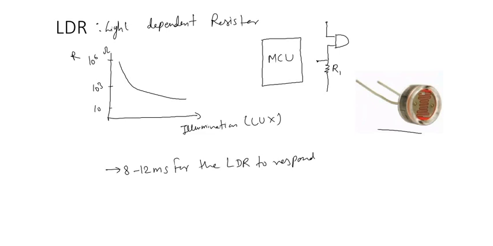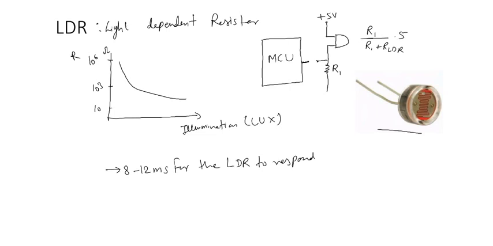You can connect this with the analog input of the microcontroller. Now you are applying some voltage here, let's take it as 5 volt. So the voltage across this will depend on R1: R1 upon R1 plus R of LDR. You can calibrate it using this.